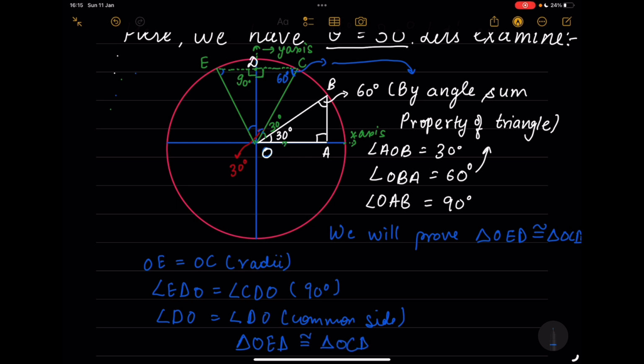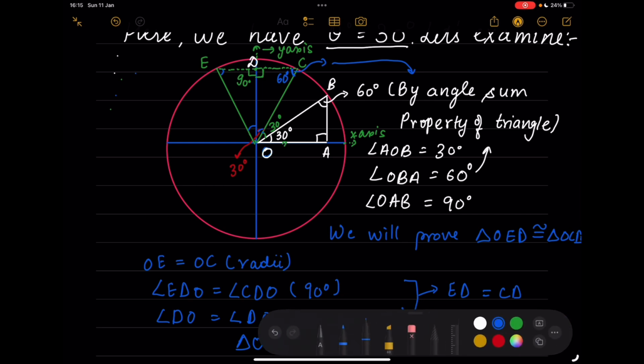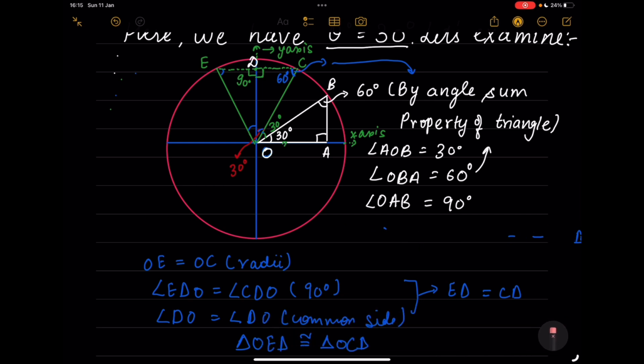Because from both these sides we'll also get, using the Pythagoras theorem, that side ED is equal to CD, and then you can just apply your side property for the congruence, and you'll get that both the triangles are congruent.